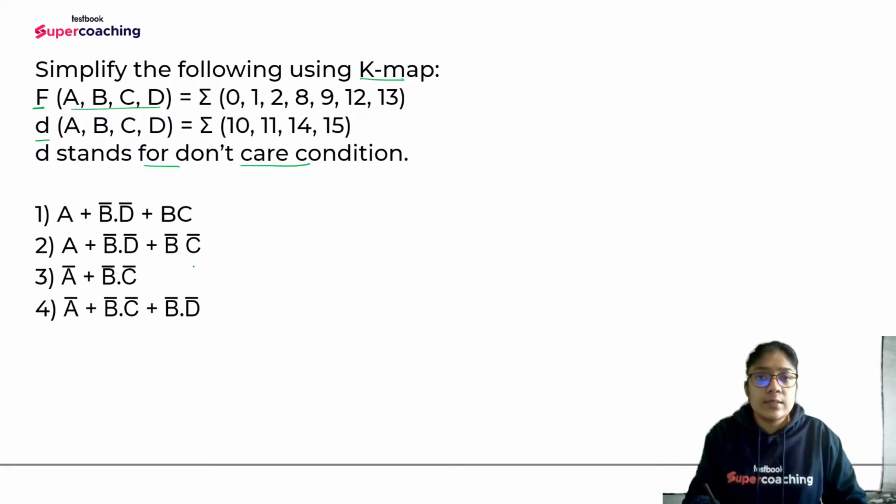Can you solve this? If we have 4 variables, how many cells will be there in the K-map? K-map is nothing but a diagrammatic representation. In a 4 variable K-map, how many cells are there?